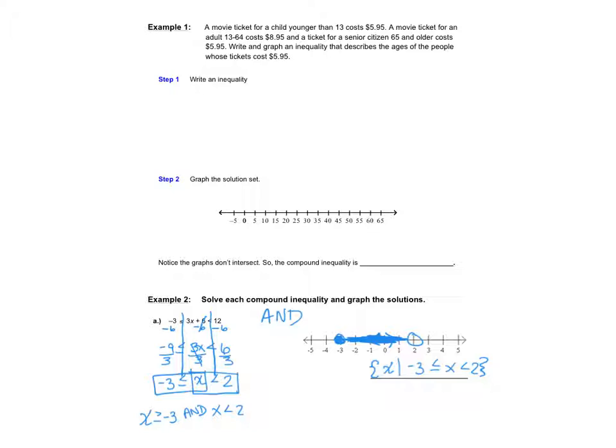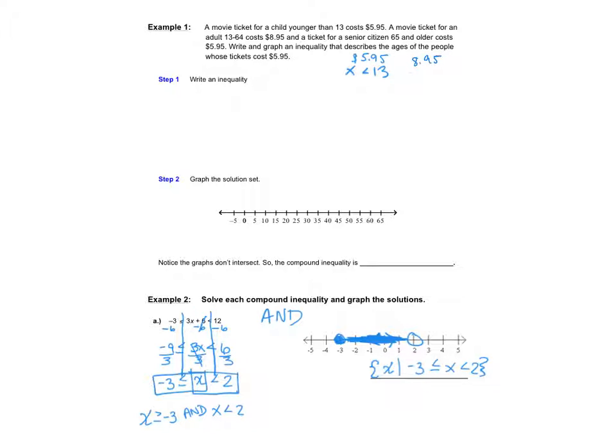Okay, going back to the word problem, we have movie tickets for kids younger than 13. So if x is less than 13, that's $5.95. A movie ticket for an adult 13 to 64 costs $8.95.